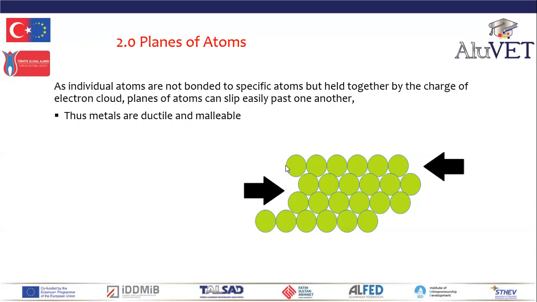Because they're not individually bonded together, but held together by the cloud of electrons, the metallic bond, we can actually move the planes of atoms. We term this sliding movement slip, because we slip the planes of the atoms over each other. Simply, we can force the layers of metals to slip easily past or over each other, and that is how we reshape metals.